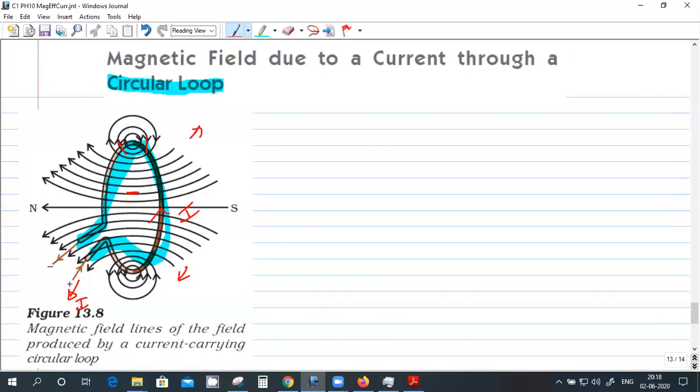The thumb should be towards the magnetic field. So this is the direction of thumb. This is thumb, so it is towards left. So the current will go in the clockwise direction. So then the current will go this way.